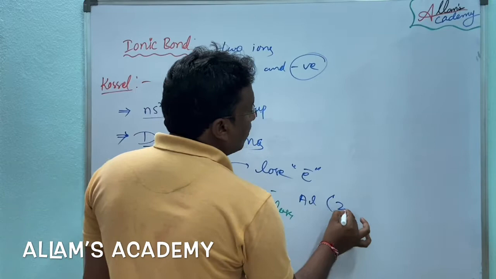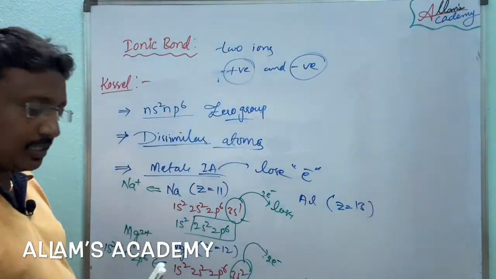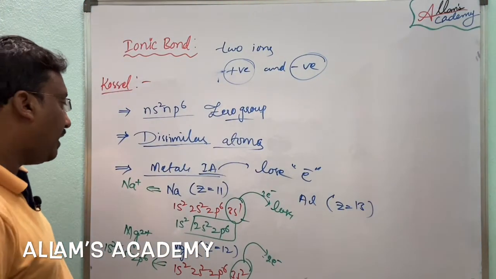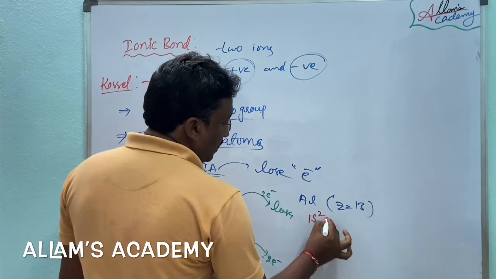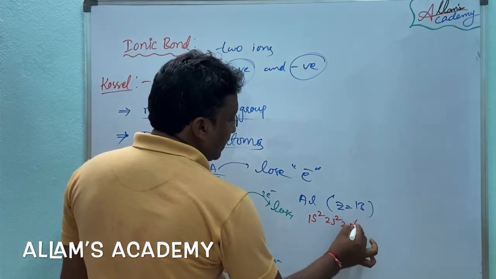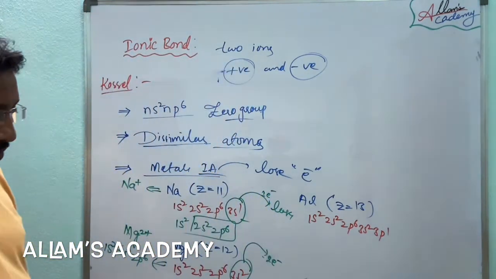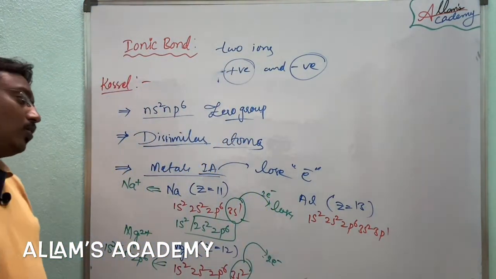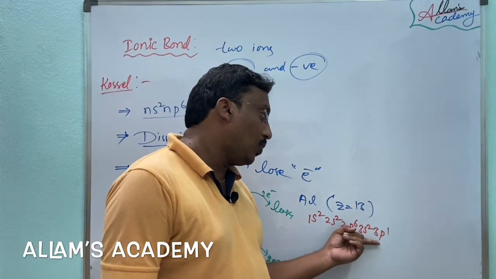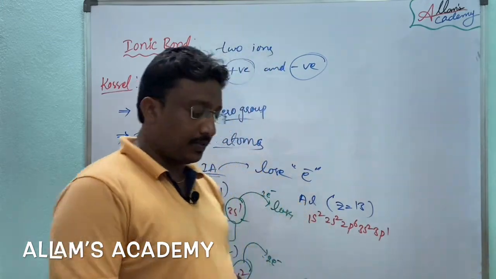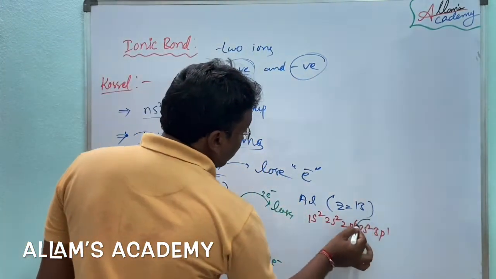Like aluminum, its atomic number is Z equal to 13. Its electronic configuration is written as 1s2, 2s2, 2p6, 3s2, 3p1. To achieve the octet electronic configuration, it should lose 3 electrons, and it loses the 3 electrons from its valence shell.